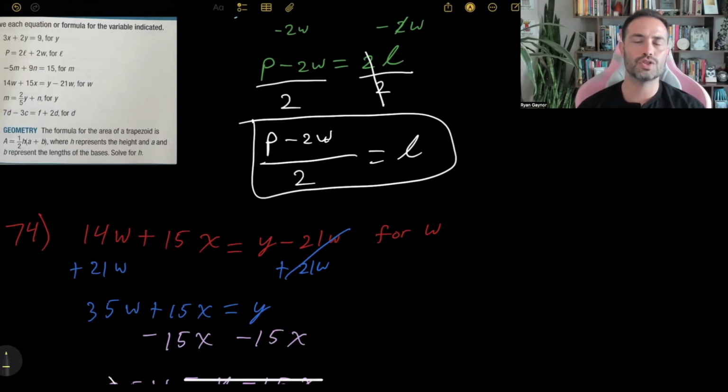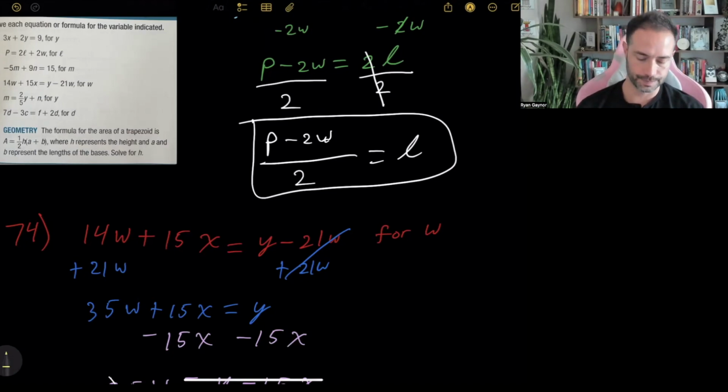Now, those are the two different bases, so it's really base 1 and base 2. So once again, area equals 1/2 times the height times the sum of a plus b, where h represents the height and a and b represent the lengths of the bases.